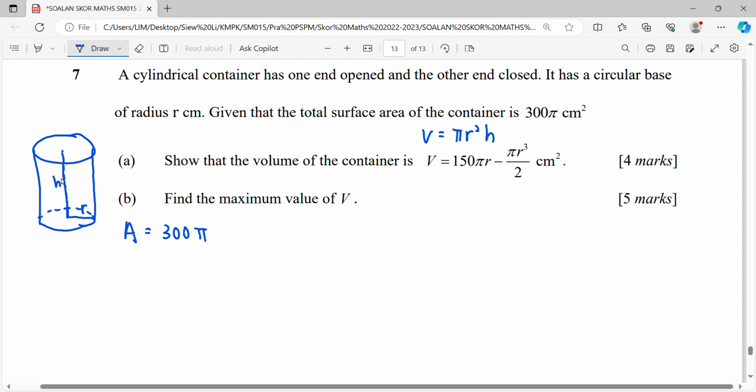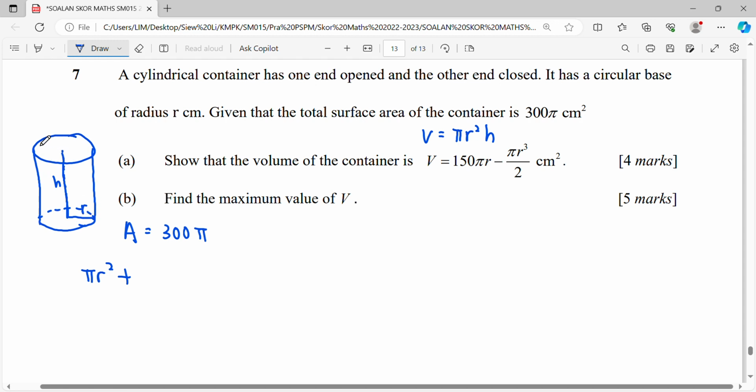So to find the area for the cylinder, we use the information given here. We have one circular base, so the area for this circular base will be pi r square, plus the area for this side, all these lateral side here.